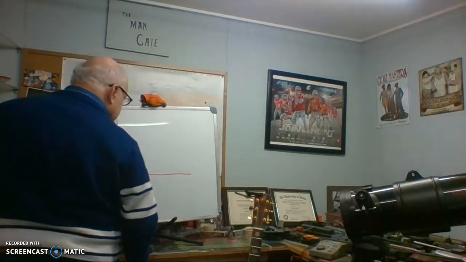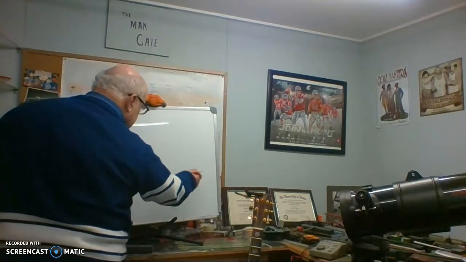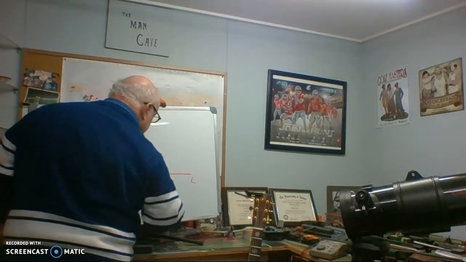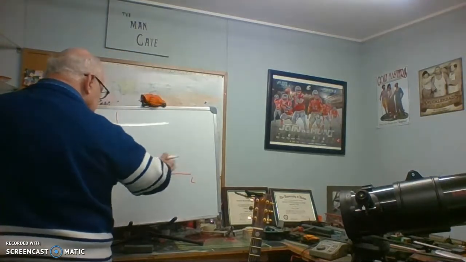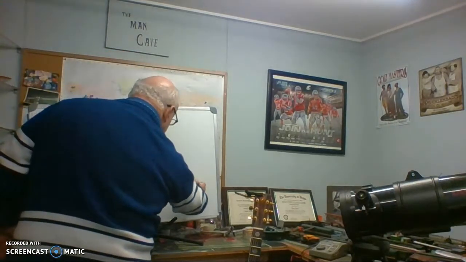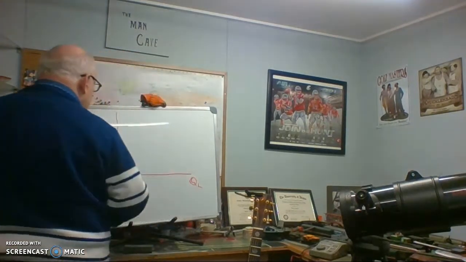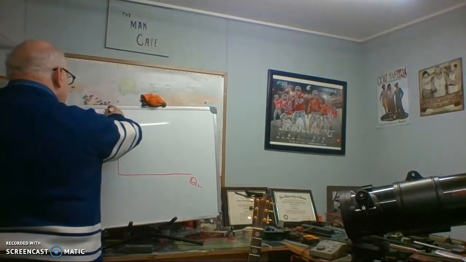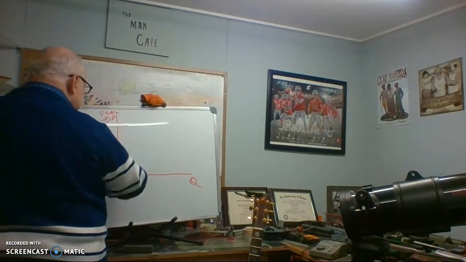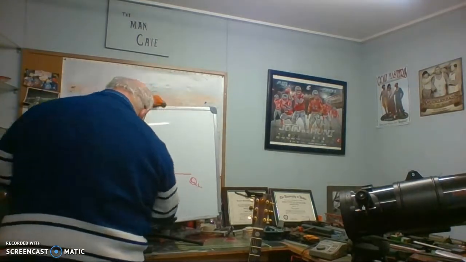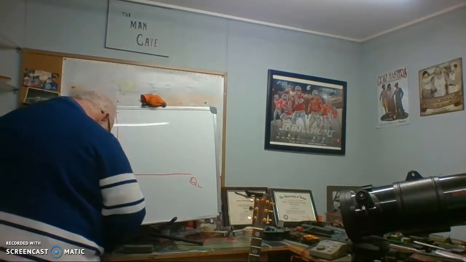So here we have the amount of labor put into the economy, or the quantity of labor, you might say. And up here we have real GDP that this labor is able to manufacture.